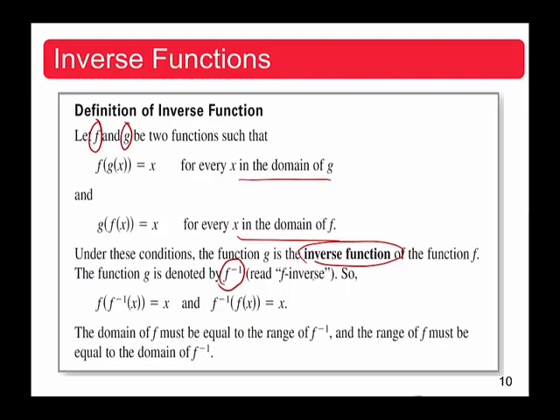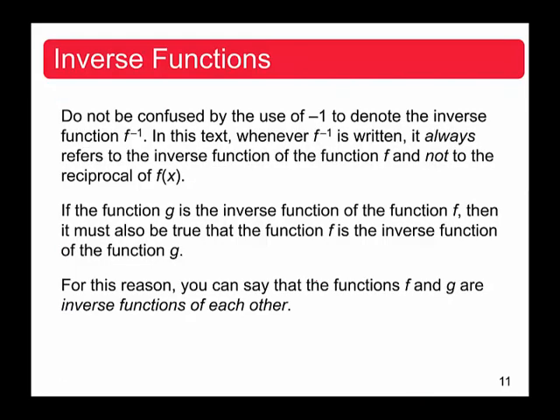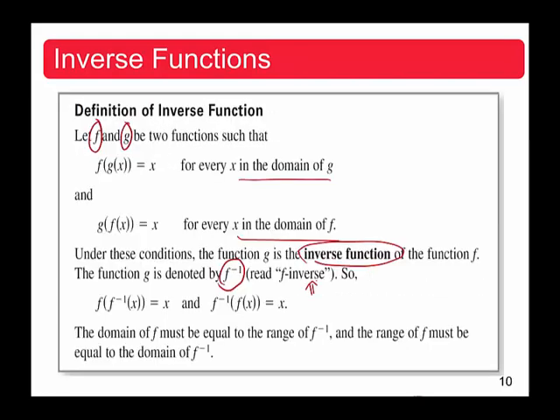We usually pronounce it f inverse. It's not the same as a reciprocal. This does not represent a reciprocal, it means f inverse. So f composed with the inverse function becomes x, and the inverse function composed with f is also equal to x.